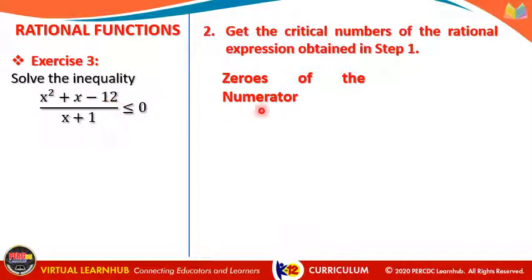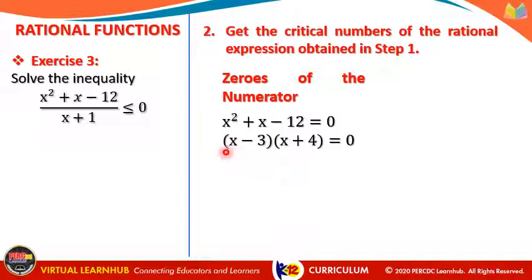I hope you know how to do that. If you factor out x squared plus x minus 12, we will get x minus 3 times x plus 4. Tapos kunin natin yung roots. Diba? Magkakaroon tayo ngayon ng dalawang values. Pwedeng x is 3 or x is negative 4. Tama? So there you have it. The zeros of our numerator are 3 and negative 4.